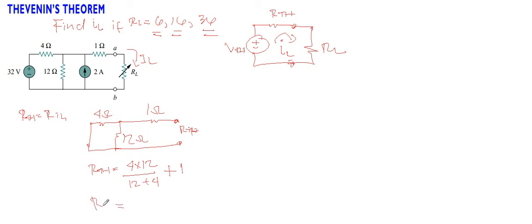So we have 48 over 16, which is 3. We have 3 plus 1, we have 4 ohms. So now, our RTH is 4 ohms.